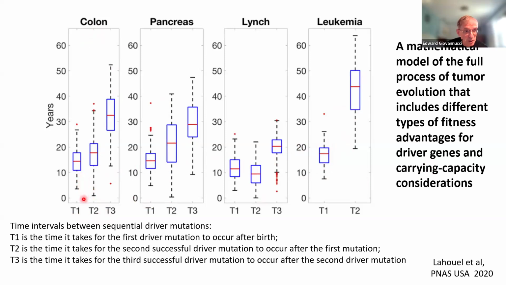So what this shows is T1, T2, T3. Assume there are three driver mutations. Cancers have to acquire these three mutations, and they estimated how long it takes to go through each of these stages. T1 shows about 15 years, from birth to age 15, and of course there's a range, but that's the average.